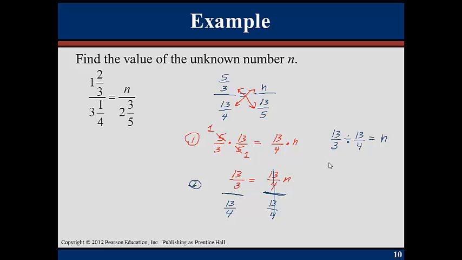Now, of course, we do not divide our fractions. Instead, we multiply by the reciprocal. So we can multiply by 4 over 13. The 13s will simplify out to be 1, and we end up with n equals 4 over 3. And again, you can check it by plugging it back into the first step and make sure that the left side equals the right side.